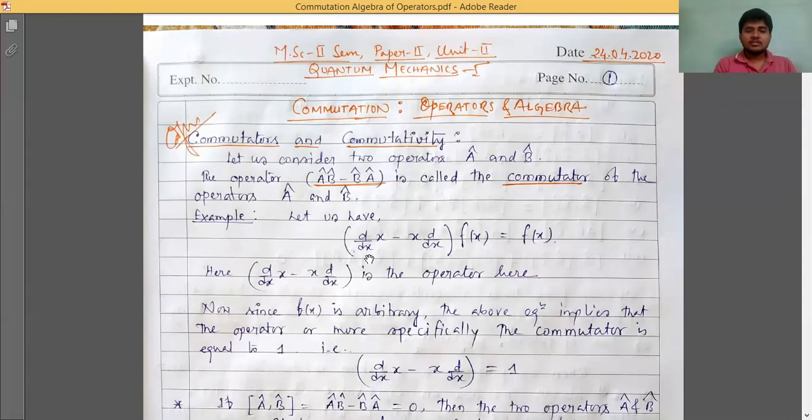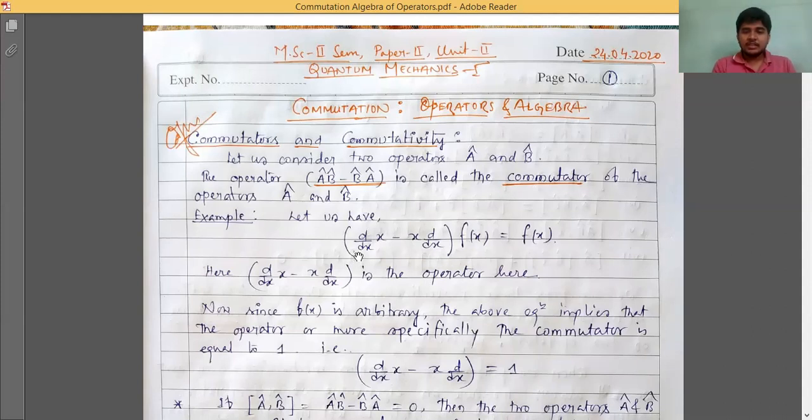Now here I have considered an example of d/dx of x minus x d/dx. This is operating on f(x) and producing the result f(x). Now you can see that d/dx x minus x d/dx is in the form AB minus BA. So this is nothing but an operator as well as a commutator.